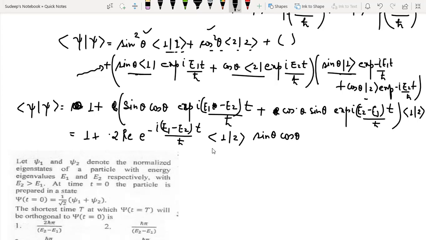I know that ket 1 and ket 2 are orthonormal, so this particular thing is simply 0.